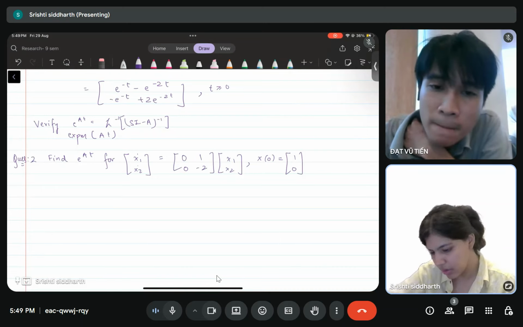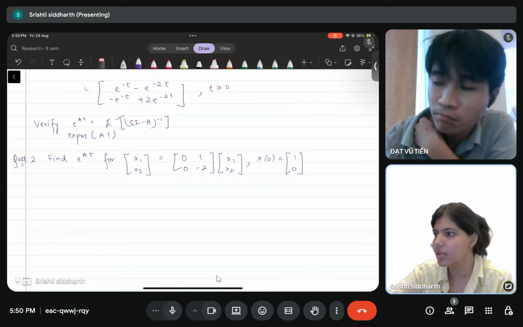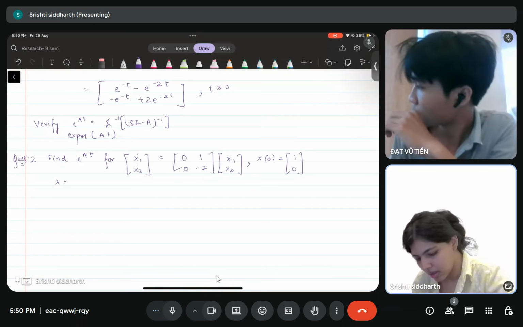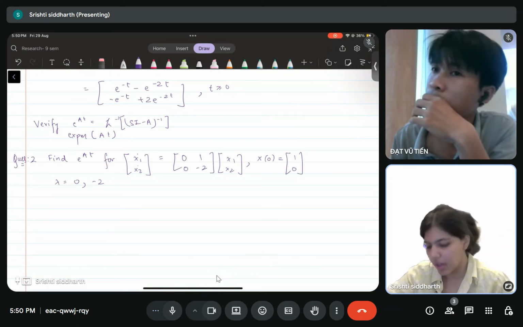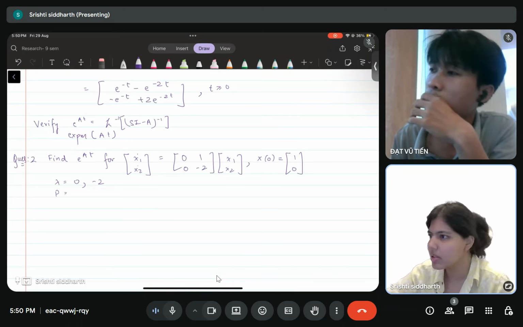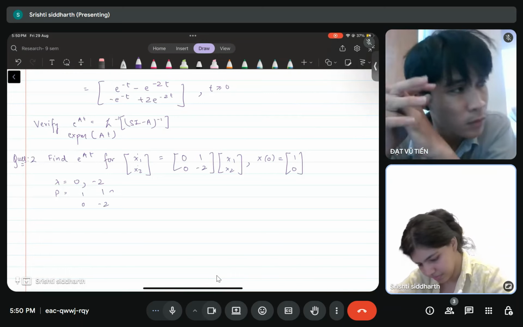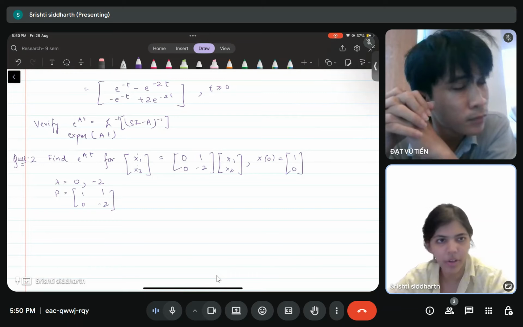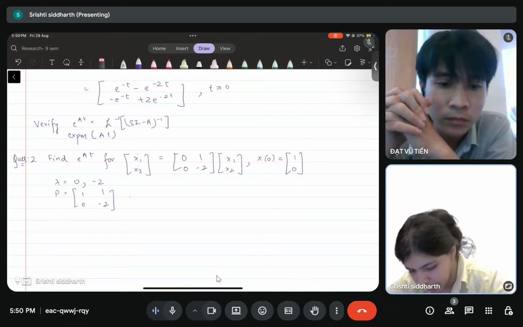So I'll just write down the eigenvalues and the matrix quickly. You can figure this out later. So lambda is 0 and minus 2. And P for this case is [1, 1; 0, -2]. Then you can figure out what P inverse is. And I write down e to the power At directly.